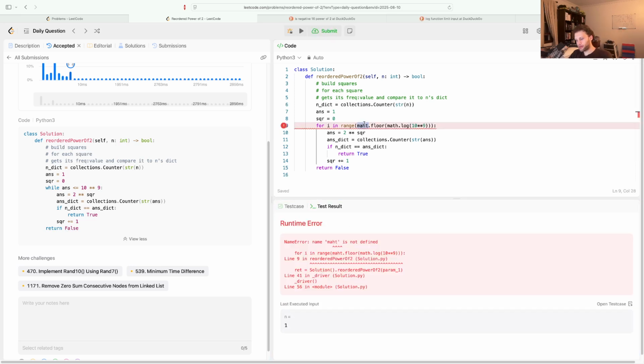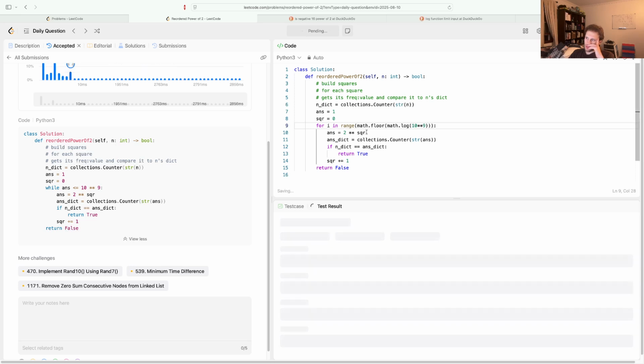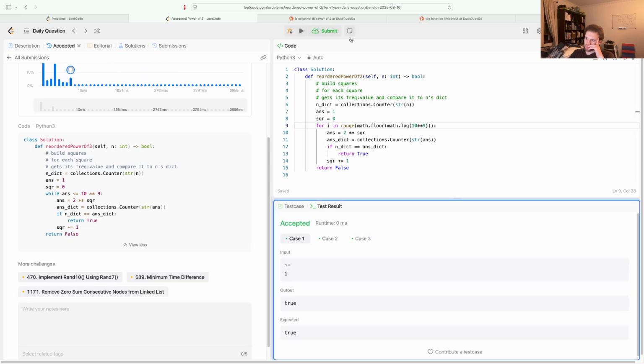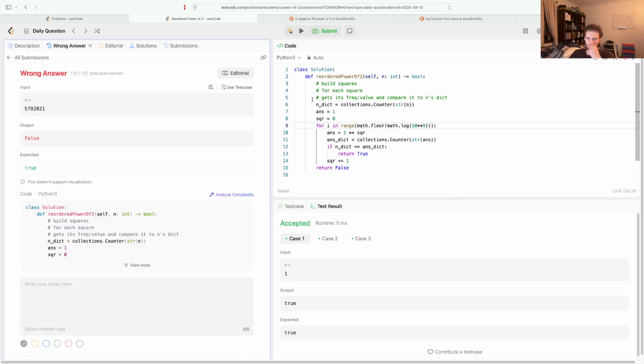I spelled math wrong. But something like that you would want to do. See if it still works. Nope. Because we forgot to do base 2. Nope, it's still too small.